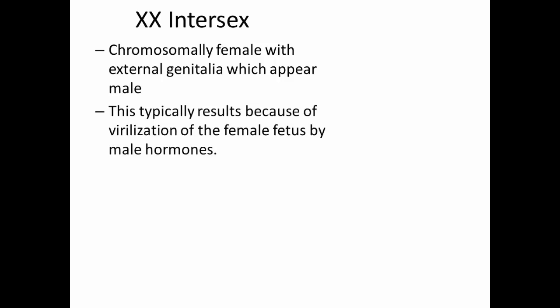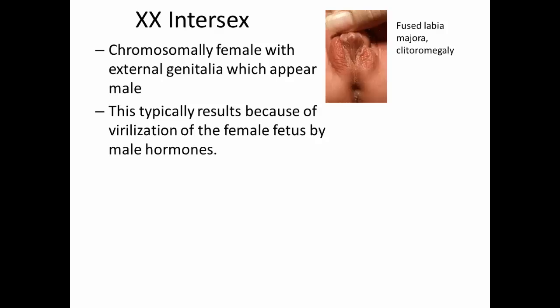So typically, this is because of virilization of the female fetus by what we would call male hormones or androgens. And as you may recall, all the development of the external genitalia was driven by testosterone and epitestosterone. And so those are going to cause an XX fetus to develop in the male pattern.